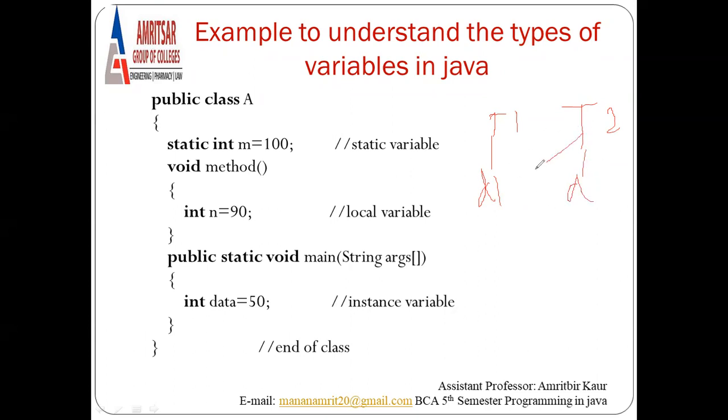So T2 cannot use this variable, and T1 cannot use this memory location. We can say this is a copy of the instance variable. So the corresponding copy of the instance variable will be used by the object. So this is all about variables and their types.